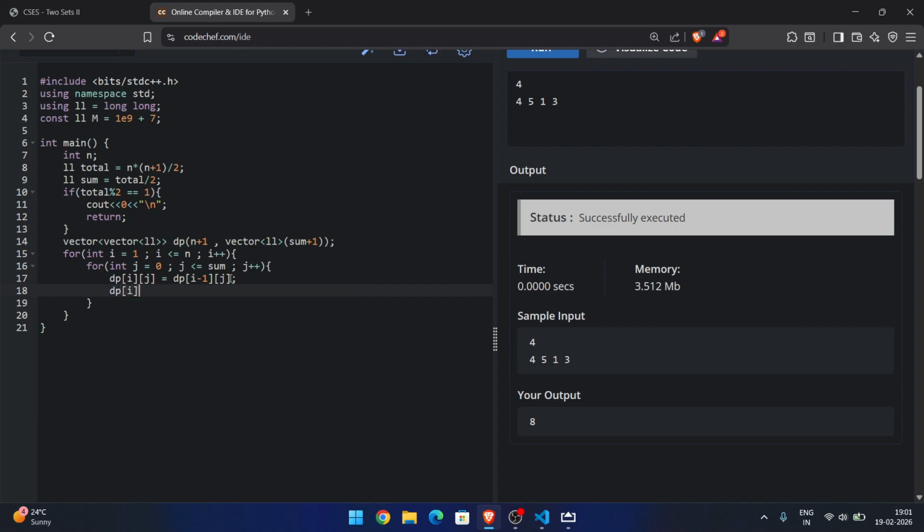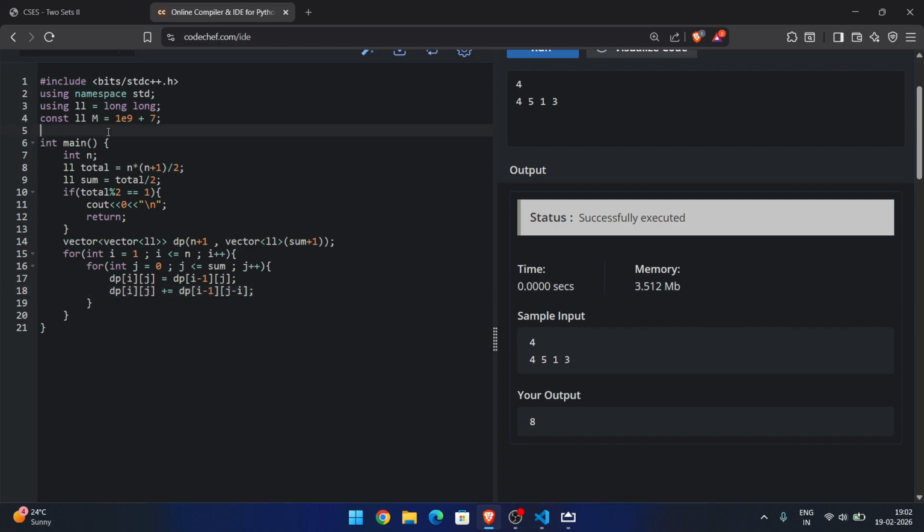If I wish to take it, then the answer would be whatever the answer to j minus i of i minus 1. Okay, you got it. Whatever, if we are looking for one, there are two ways to get it.